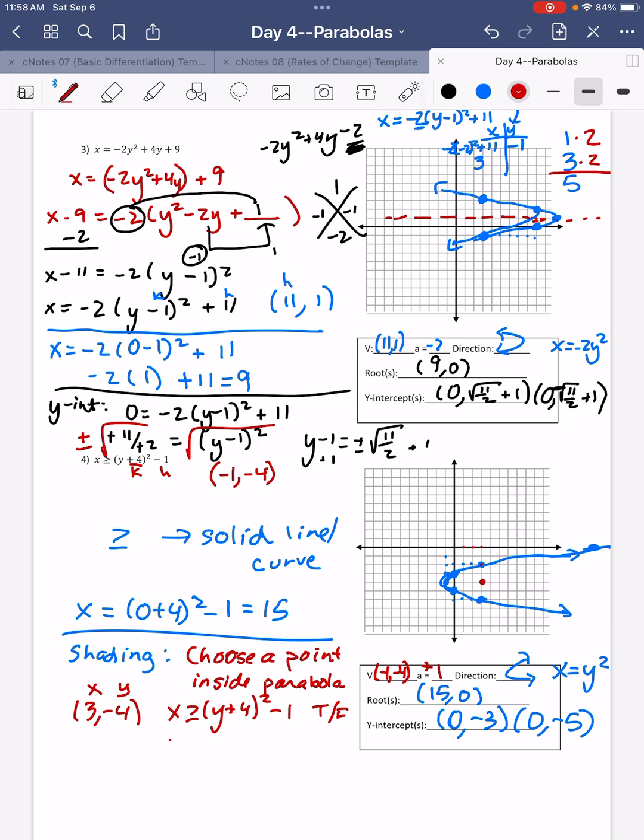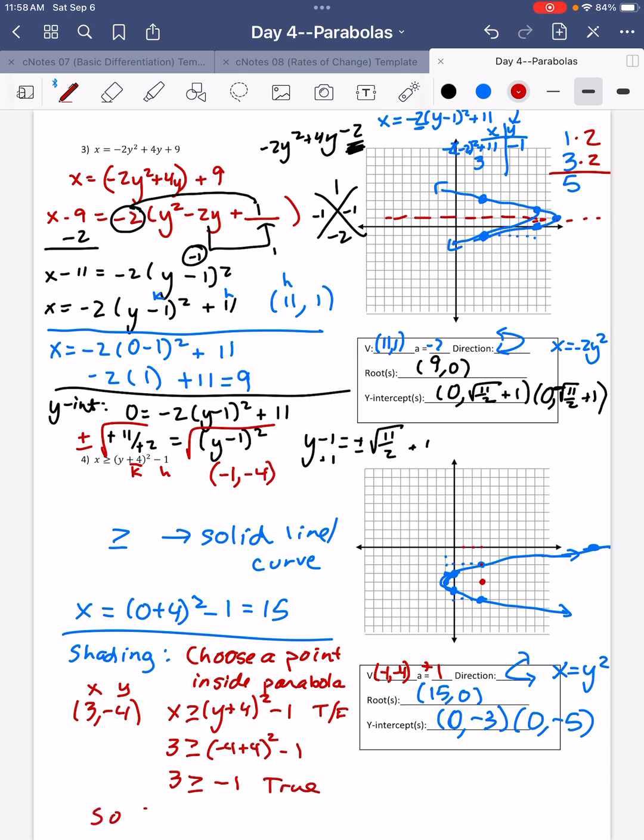So we're going to plug in 3 is greater than or equal to negative 4 plus 4 squared minus 1. So is 3 bigger than negative 1? Absolutely.